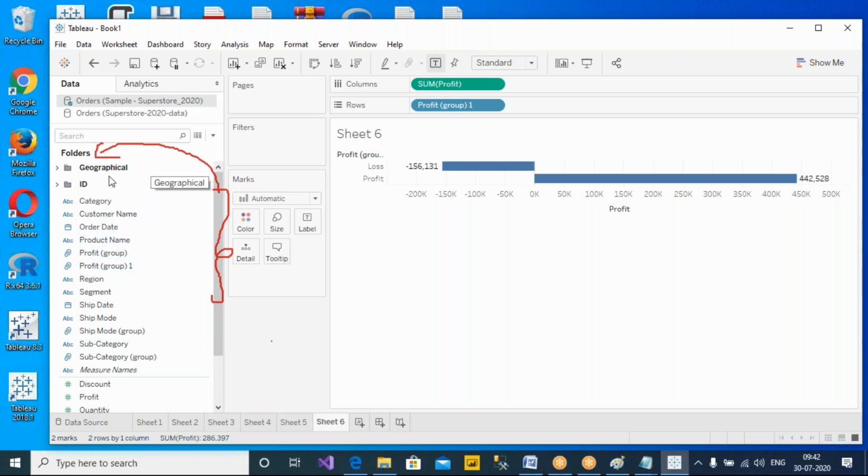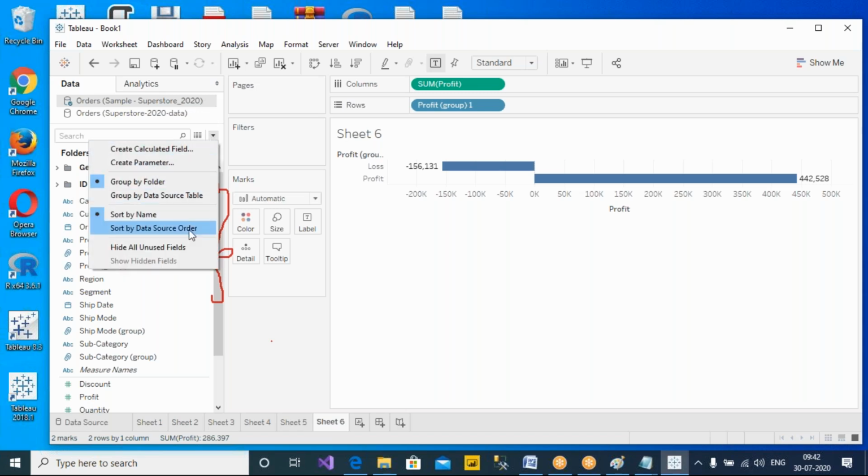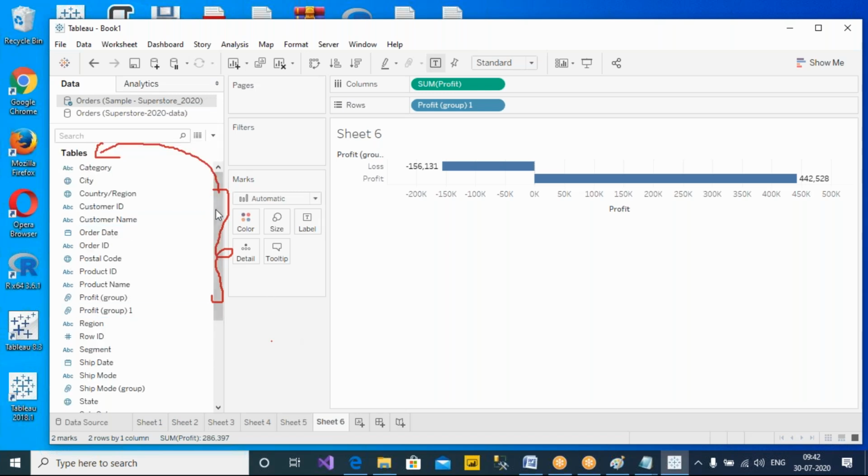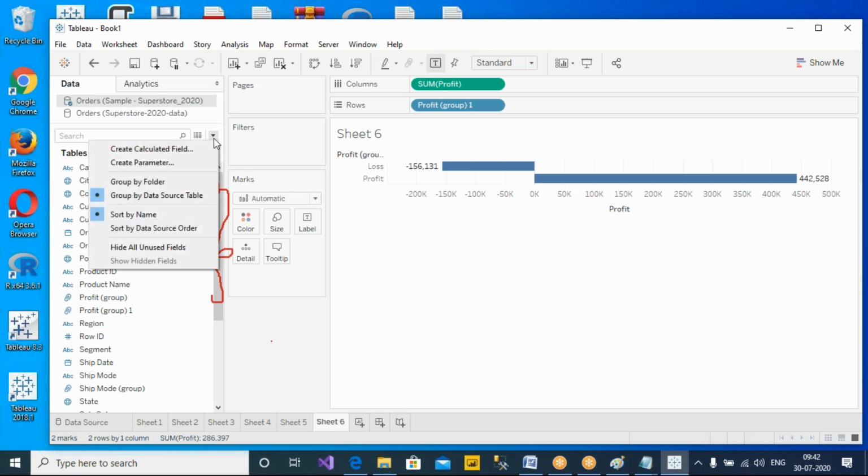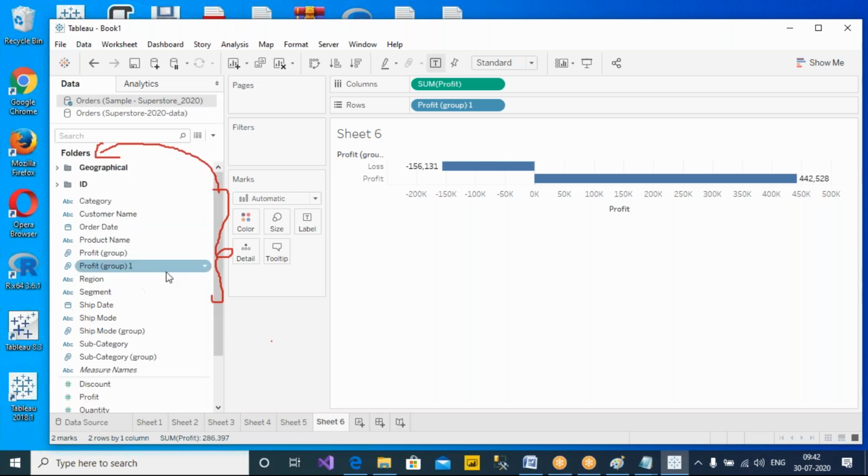And if you don't want to see these folders, you can just say here group by data source table name. Everything goes back to the original, but the folders are not deleted. When you come back here and select group by folder again, they should still be visible.